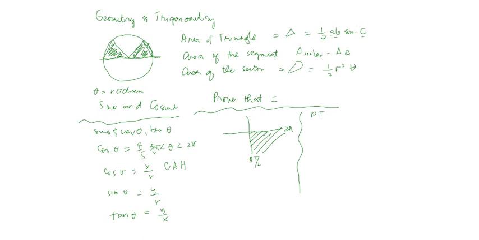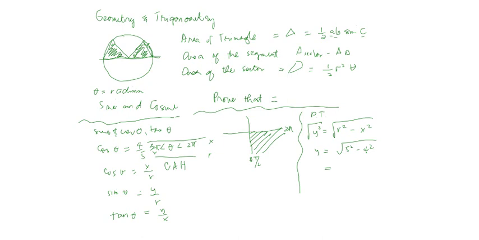So our y squared is equal to r squared minus x squared, and to get y, we take the square root of both sides. So y is equal to the square root of 5 squared minus 4 squared, where r is 5 and x is 4.